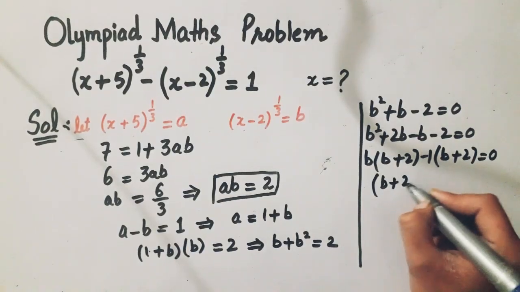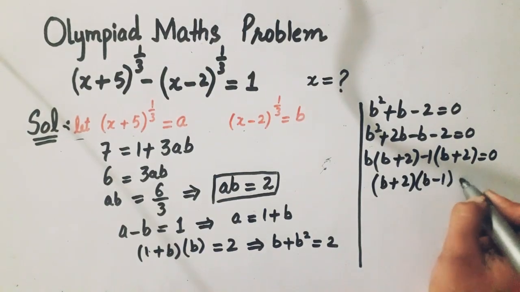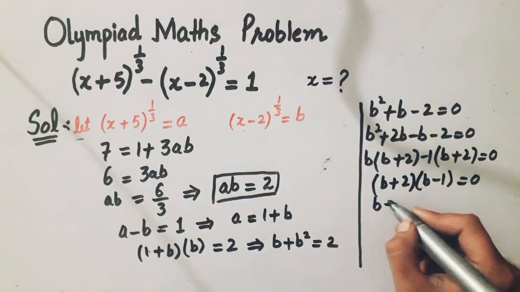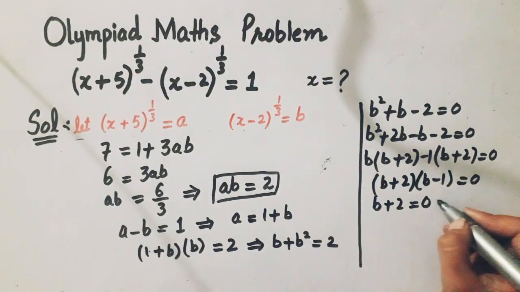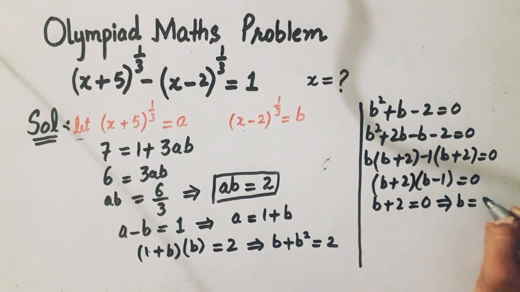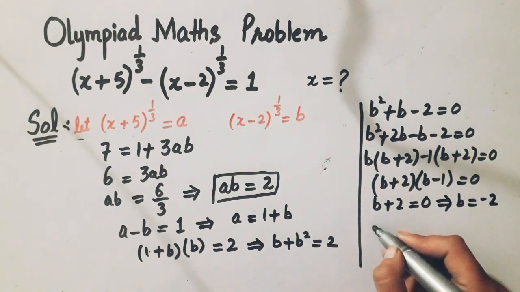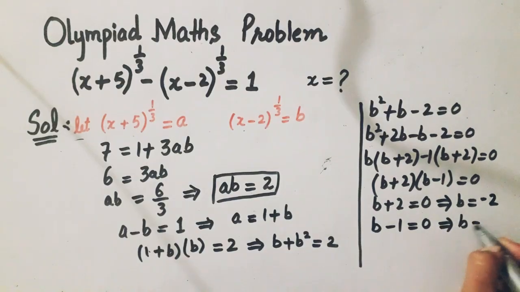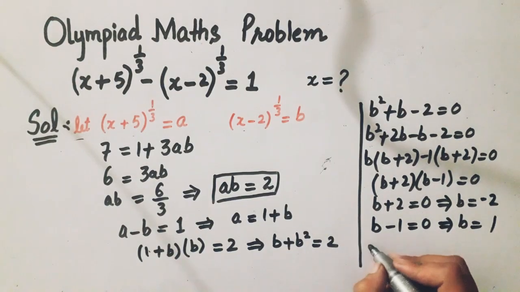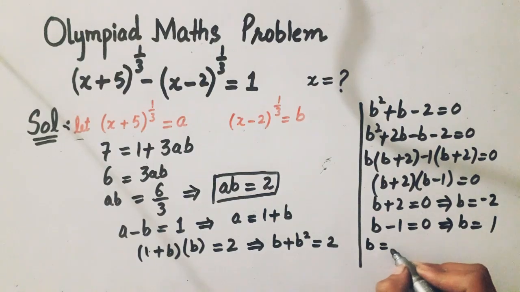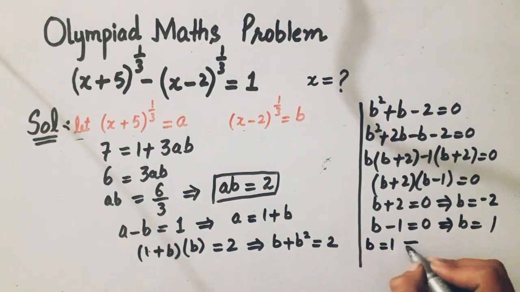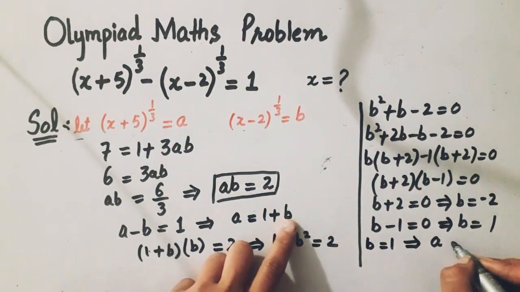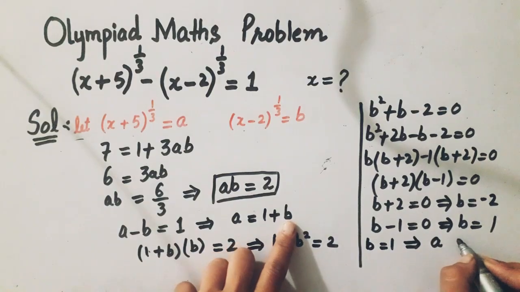So we have two factors, b plus 2 and b minus 1, which implies b plus 2 equals 0, and the value of b will be minus 2. And then b minus 1 equals 0, which implies b equals 1. After finding b, what will be a? a is 1 plus b.